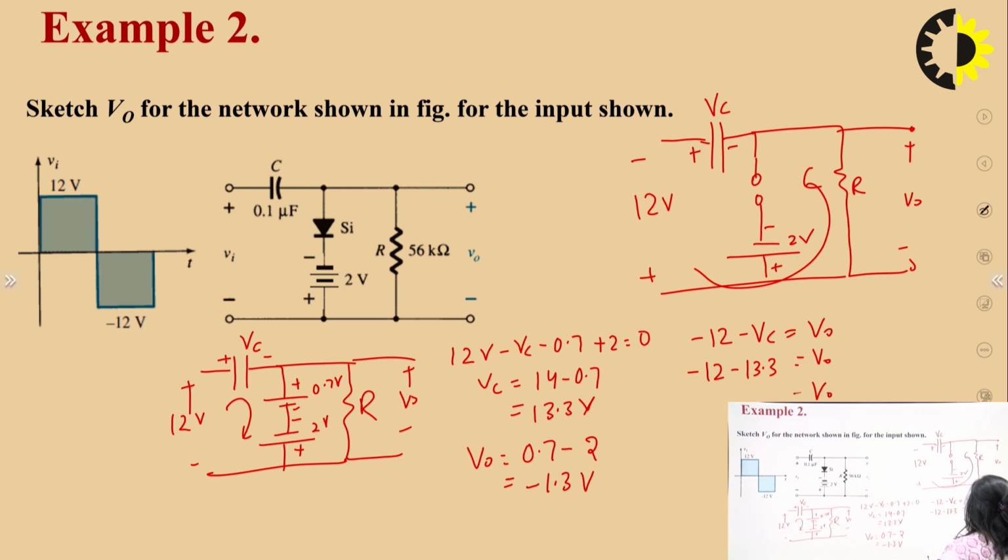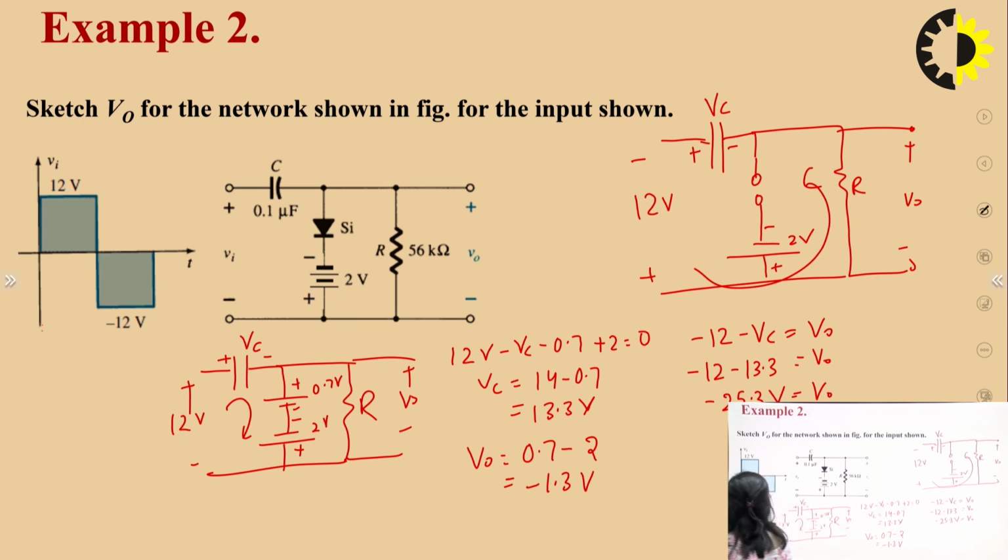So V0 would be equal to minus 25.3 volt. So this is the output here, and now we can find this is the output minus 1.3 and this is the output minus 25.3. So if we subtract this swing, the total swing will be of 24.